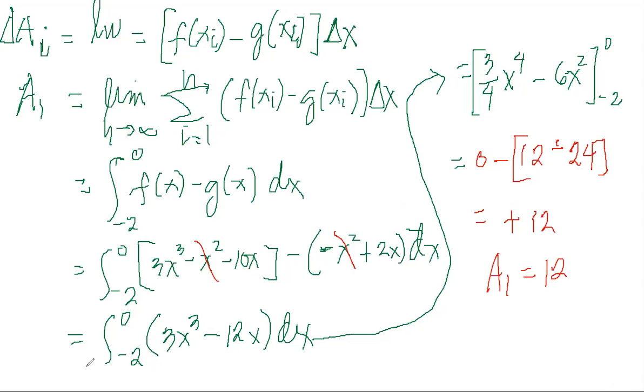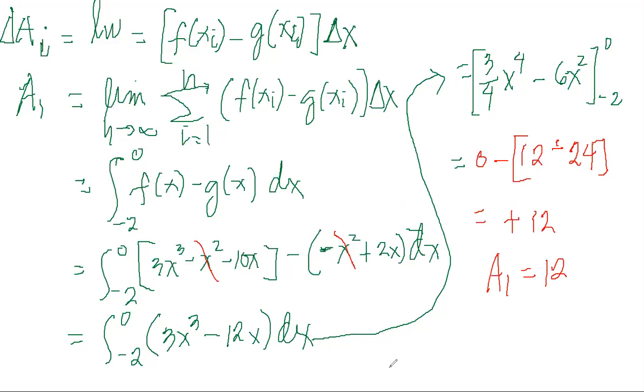Okay, so let's simplify. From 0 to 2, we have negative 3x cubed, and we can cancel out the x squares here. We have positive 10x, so positive 12x dx.